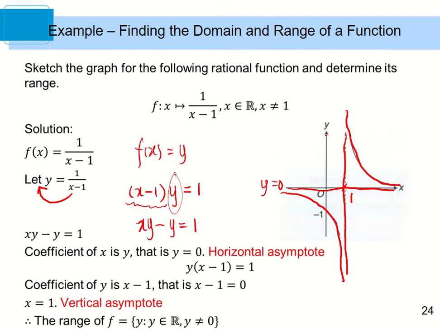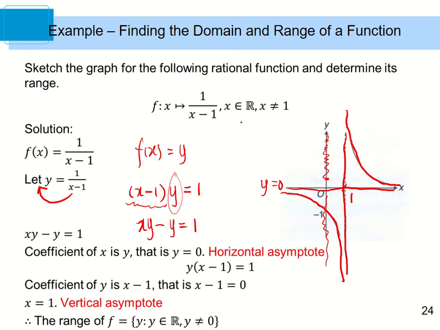The y can be any value except 0. Therefore, this is how we write the range: the range of the function is y can be any value except 0. The y cannot be 0. So this is how we find the range of the function.